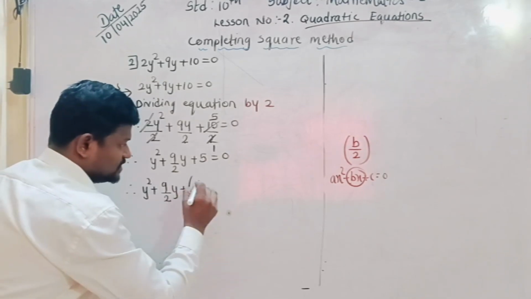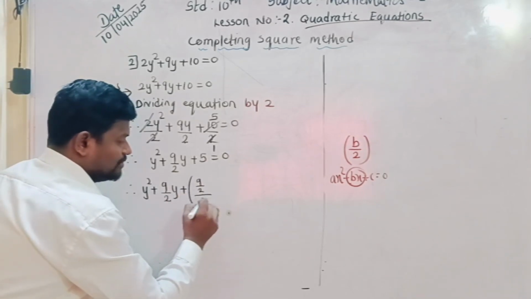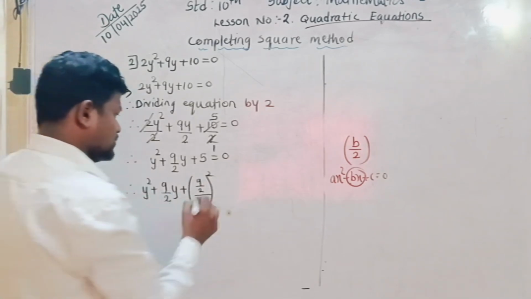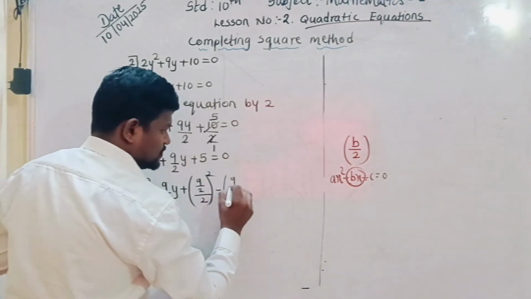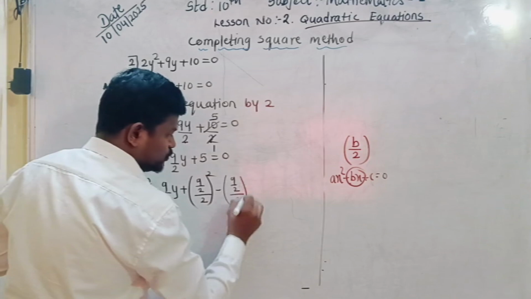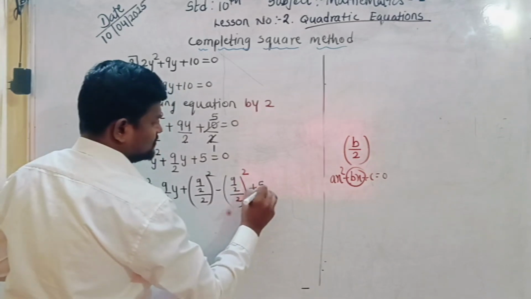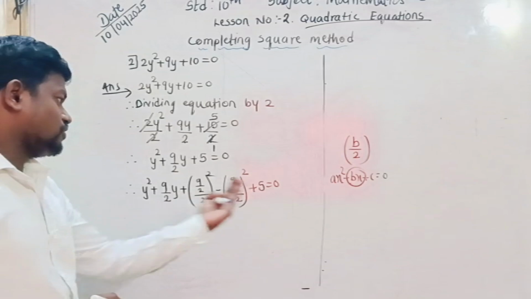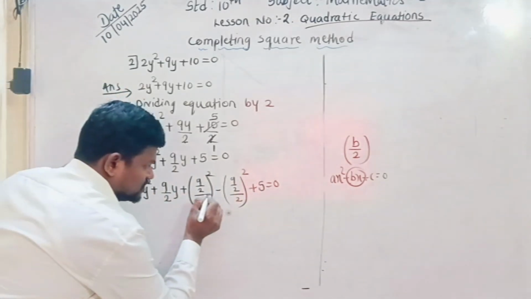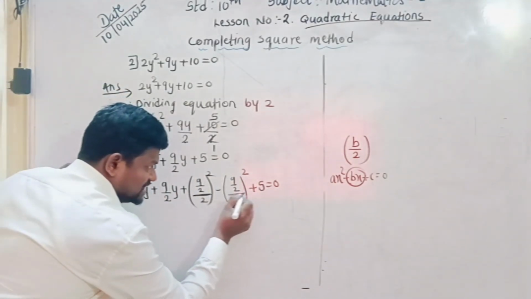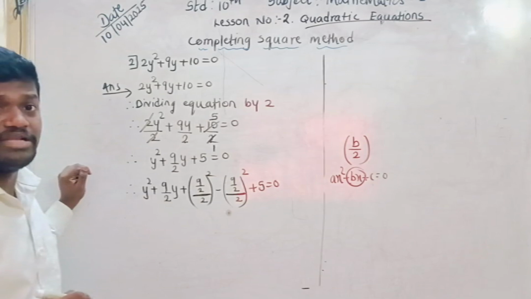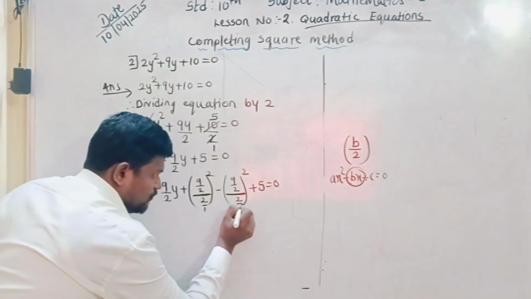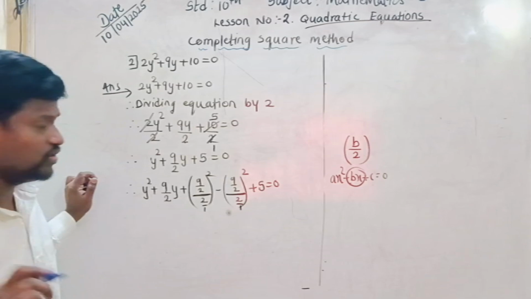So what do we do? See, 9 upon 2 divided by 2, bracket square. Again minus 9 upon 2 divided by 2, bracket square, and plus 5 as it is, equal to 0. From this, see, this is our original, that is the main division and factor. So assume that we have 1 here, so 2 upon 1.